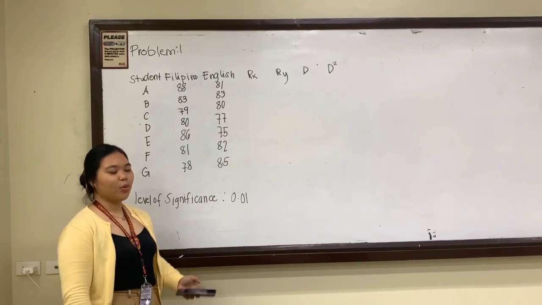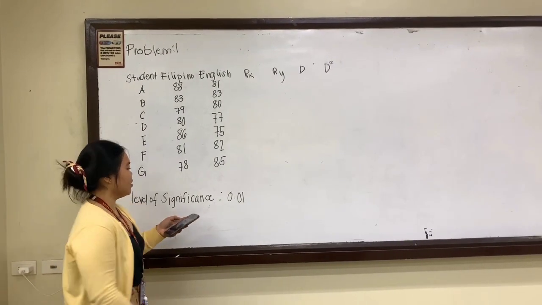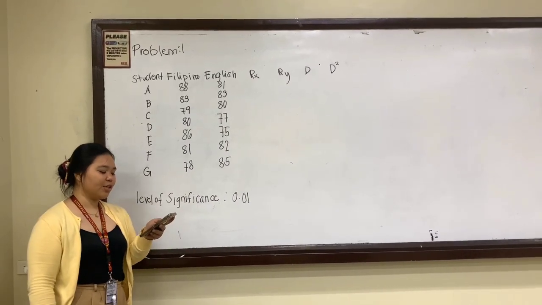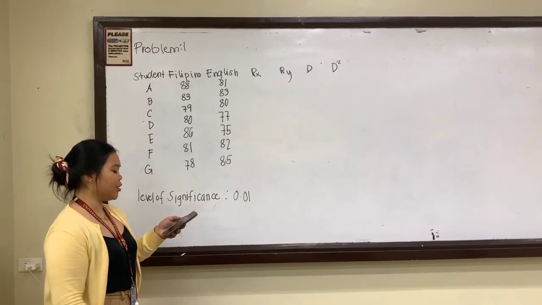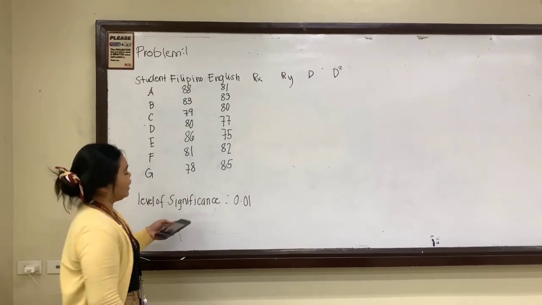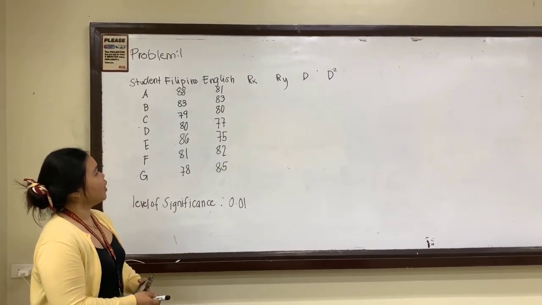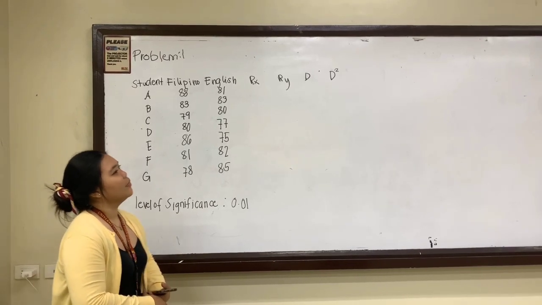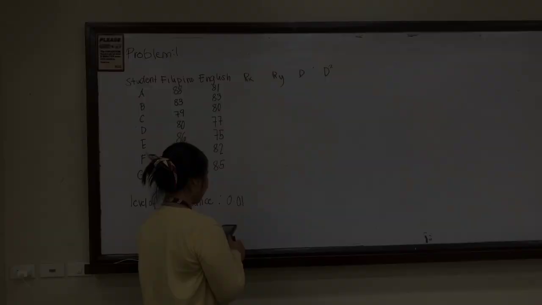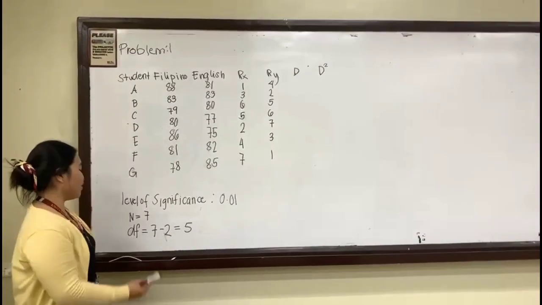So problem number 1 is, at 0.01 significance level, can we conclude that there is a significant correlation between the grades of the students in the subjects Filipino and English? So right now, we rank them from highest to lowest. So let's solve our degrees of freedom.